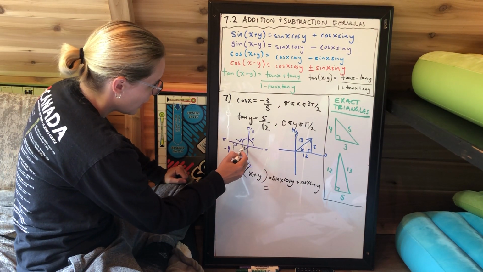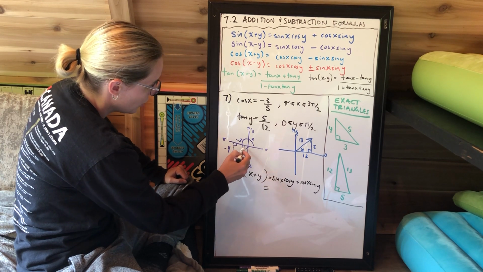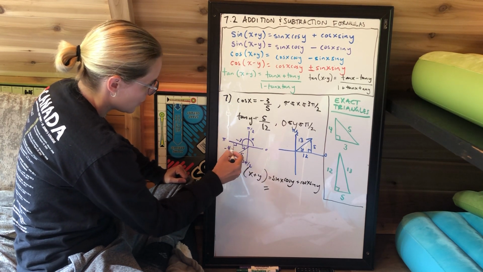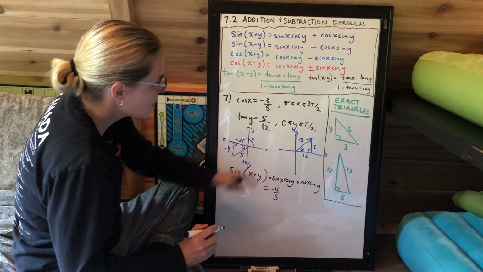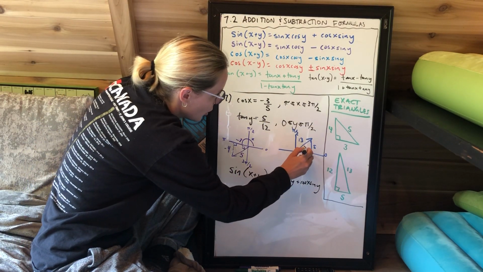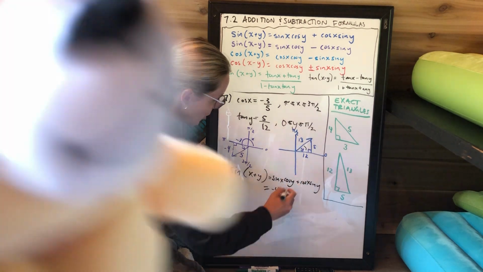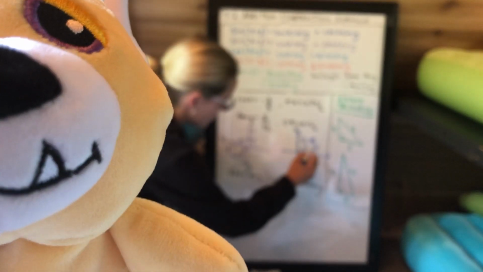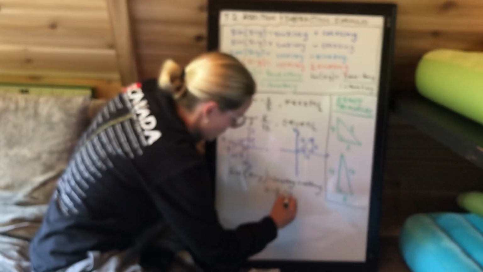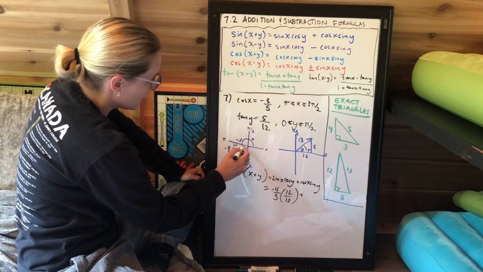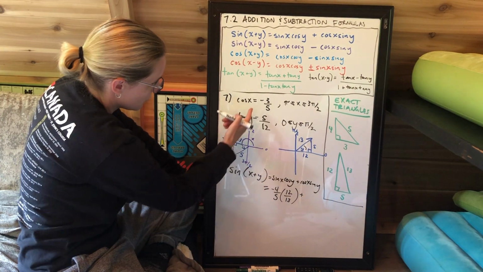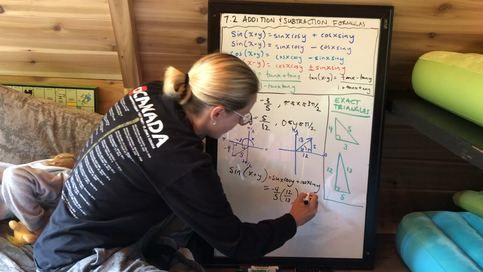Well, sine of angle x is y over r, or opposite over hypotenuse, it's -4/5. Cos of y, we go to the y over here, cos is adjacent over hypotenuse, 12/13. Cos of x, which was actually given in the question, -3/5.